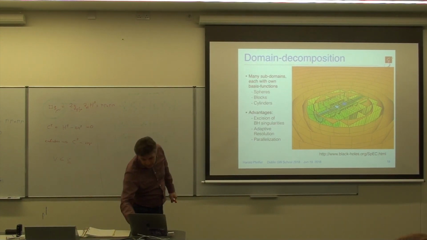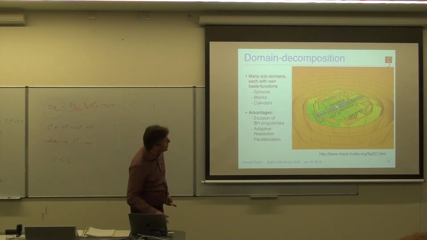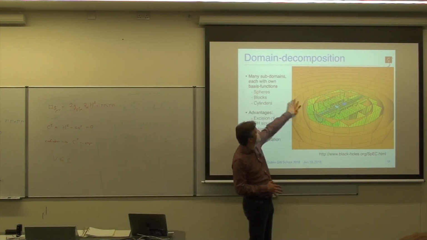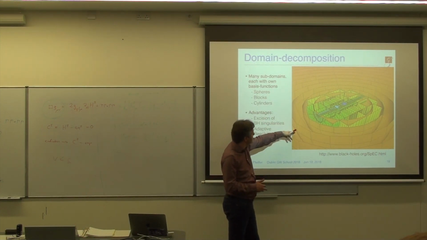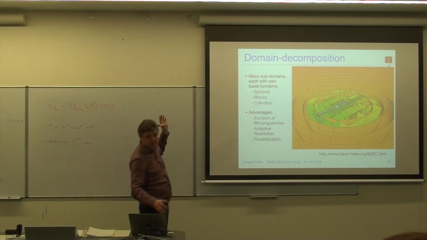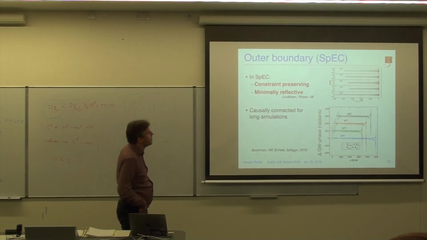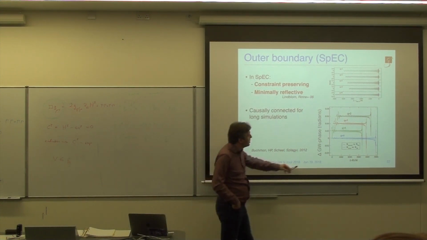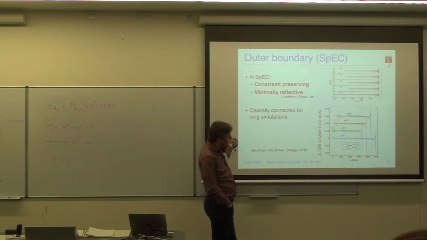So doing that, we have run simulations with totally identical domain decomposition and only attaching more and more spherical shells to the outer radii. And that way we have run these unequal mass simulations with 3 different outer grid radii.